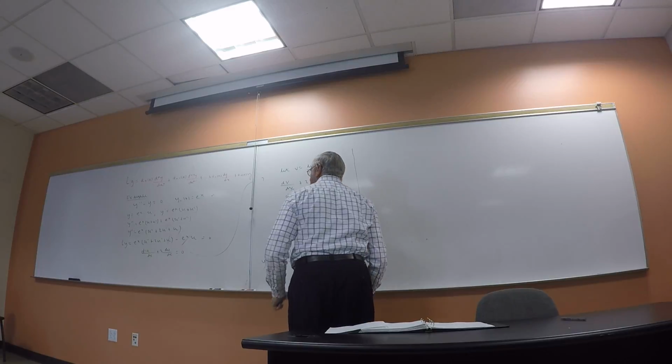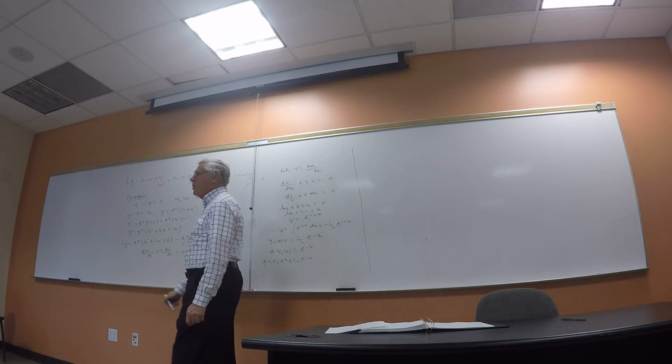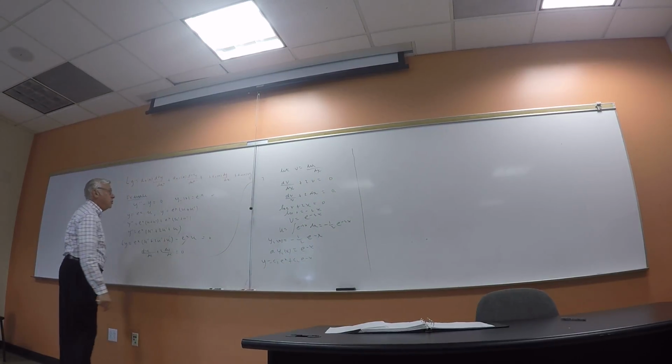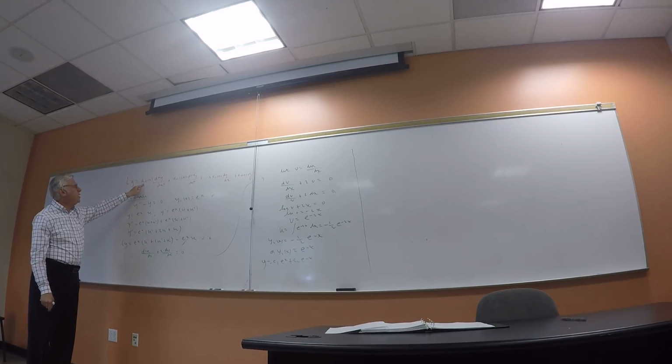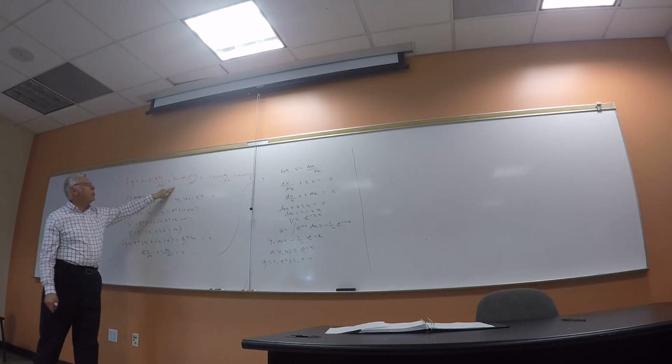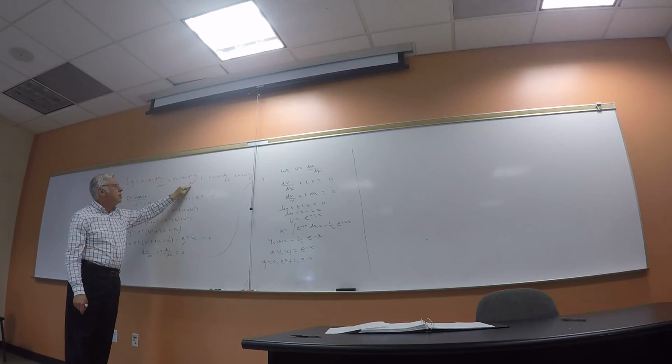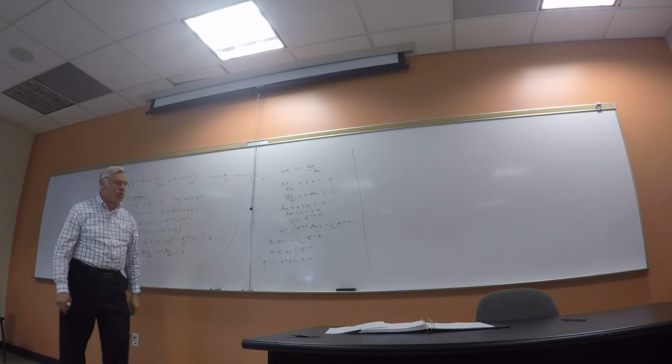Let's start off with the most general second order linear equation. What would that be? Of order 2, it would be a2 of x, y double prime, plus a1 of x, y prime, plus a0 of x, y equals 0.